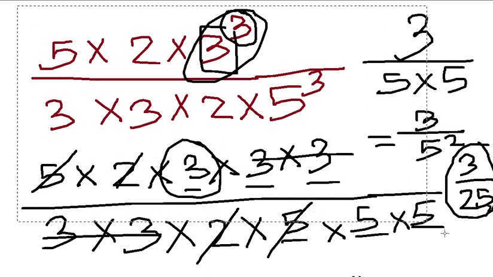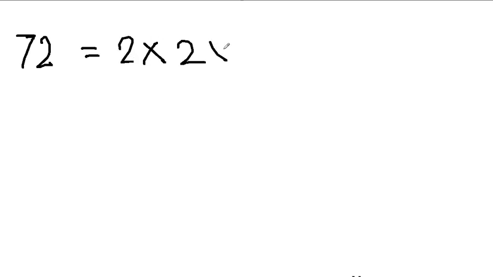Now moving on to another sum. Just giving a scenario of another one. If I have the number 72, we can definitely write that as 2 times 2 times 2 times 3 times 3.